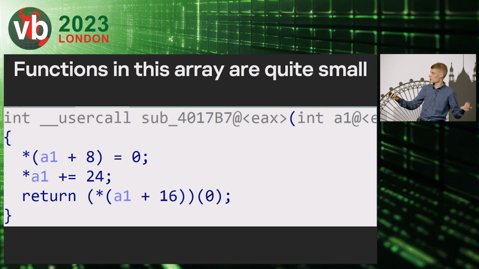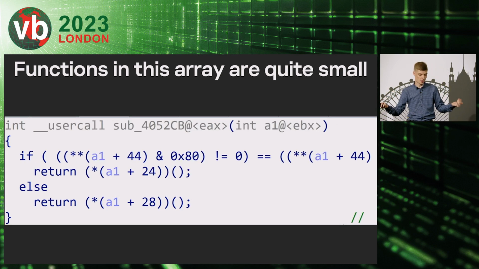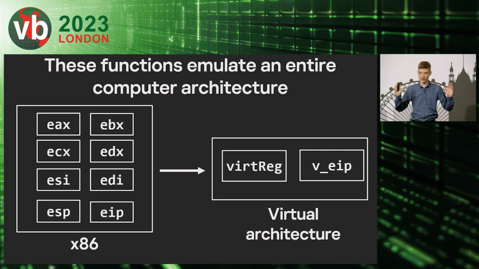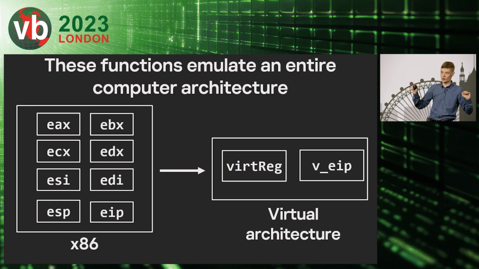Let's take a brief look at them. Those functions, as you can see, are very, very small. This one, and this one. And if we keep analyzing all those 34 instructions, we'll find out that they emulate an entire computer architecture. So what the threat actor did is that they took x86 code of their malware, then invented some custom exotic computer architecture, and converted the x86 code to this architecture.